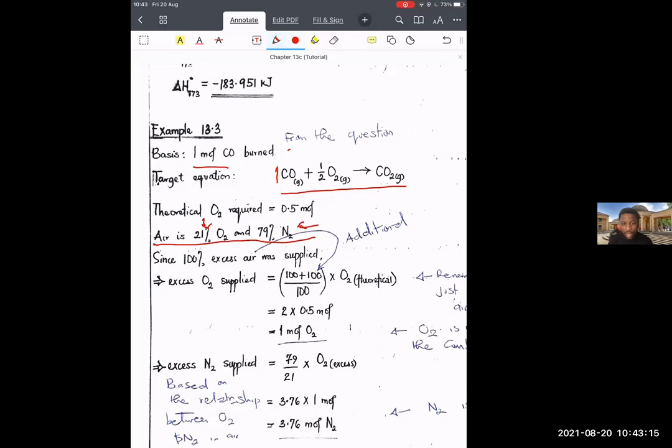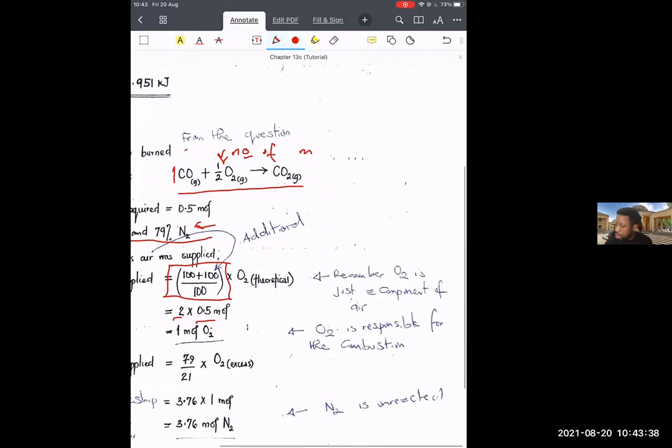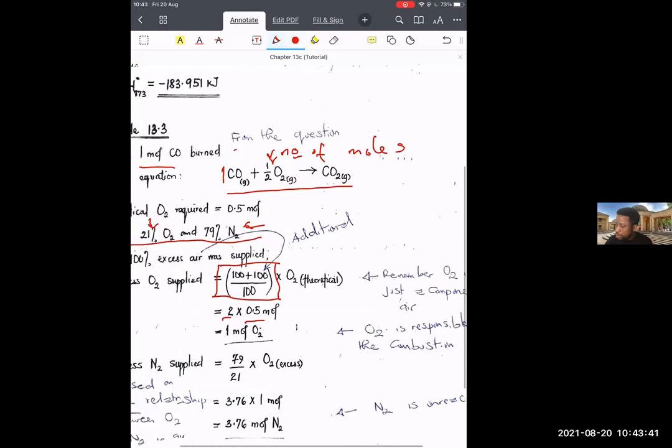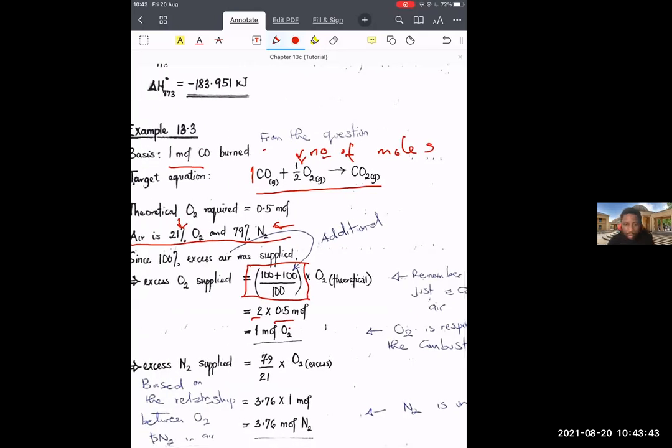From what we talked about previously, the meaning of 100%, I've just written that here. All we might have just said is times 2, so times 2 of 0.5 mole. This is the stoichiometric number of moles. So that is how we've got that.